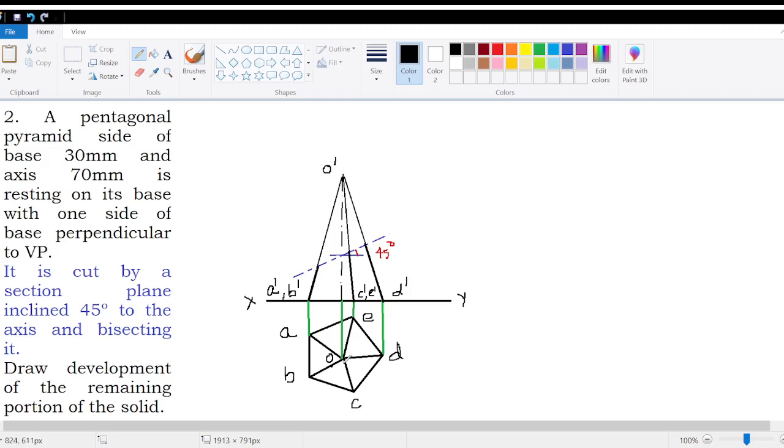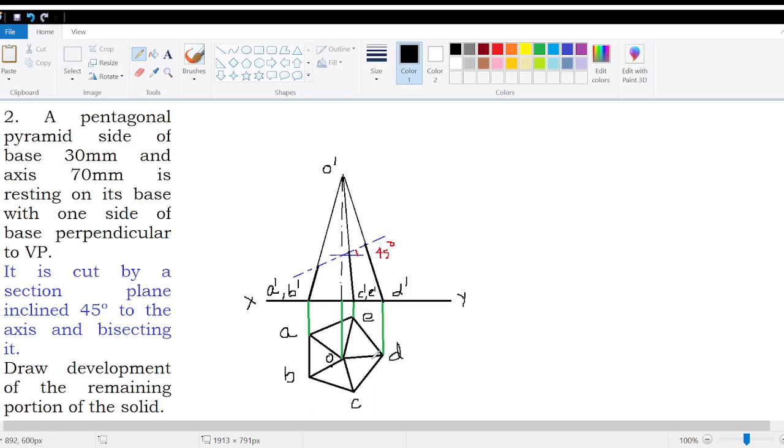You can see that OA, OB, OC, OE are inclined to the XY line. Only OD is parallel to the XY line. We have learned in lines that if the plan is parallel to the XY line, the elevation will give the true length. So in this case, only O dash D dash will give the true length. Why? Because the corresponding plan OD is parallel to the XY line.